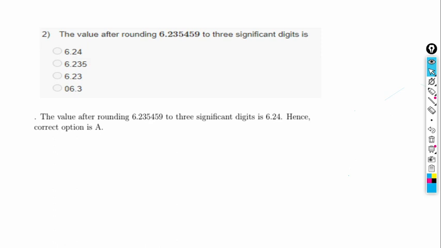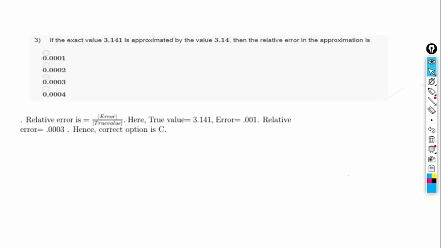Fine. So just put these values in this formula and you will get the relative error, that is 0.0003. Have you all got it? Yes. Okay. So let's move to the next question.